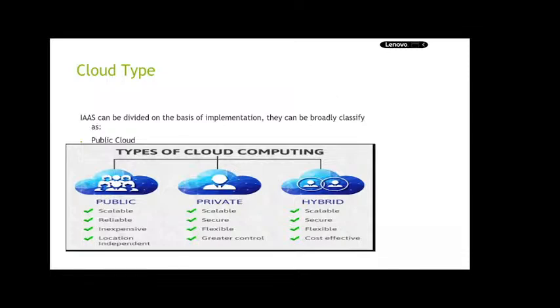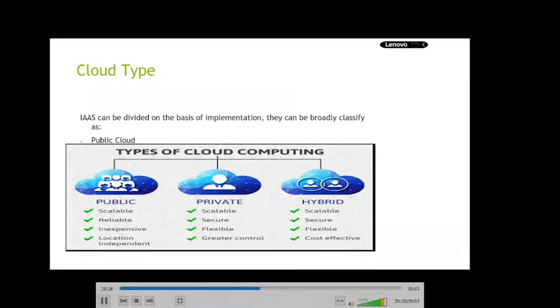For example, I have created one virtual machine. If I share the username and password with you, you can sit anywhere in the world, communicate with my machine and perform the activities. That is about public cloud.